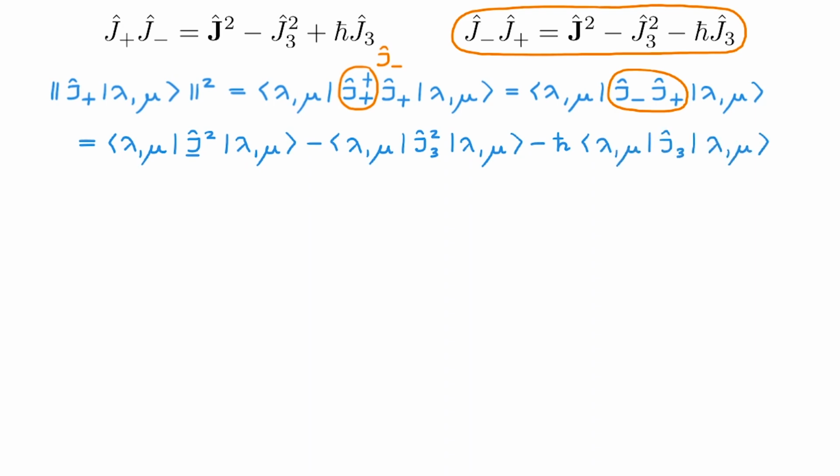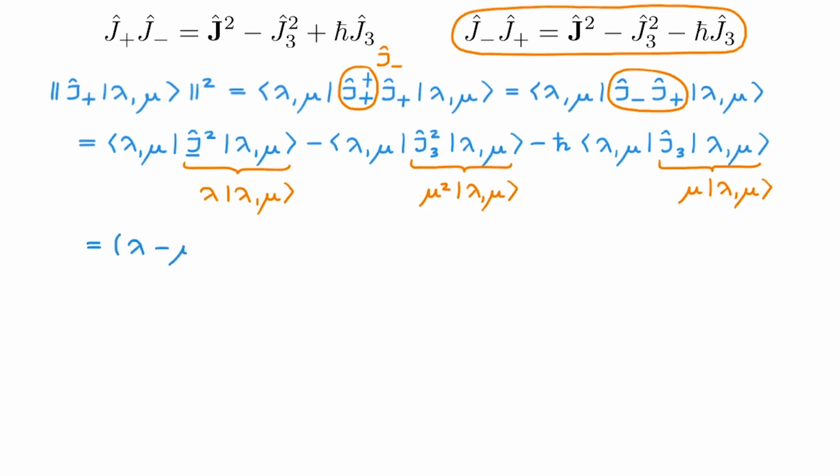Feel free to pause here for a second to double check this, but it should be clear after a moment. Using the eigenvalue equations, we get λ⟨λ, μ|λ, μ⟩, μ squared ⟨λ, μ|λ, μ⟩, and μħ⟨λ, μ|λ, μ⟩, so that we get these new three terms.